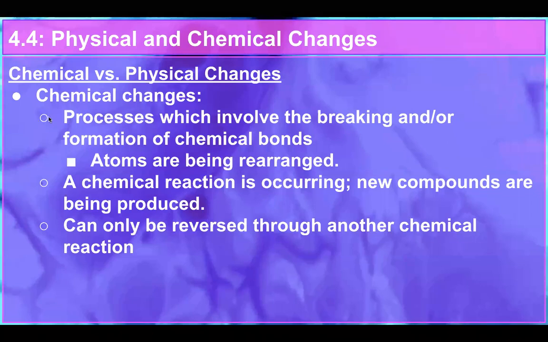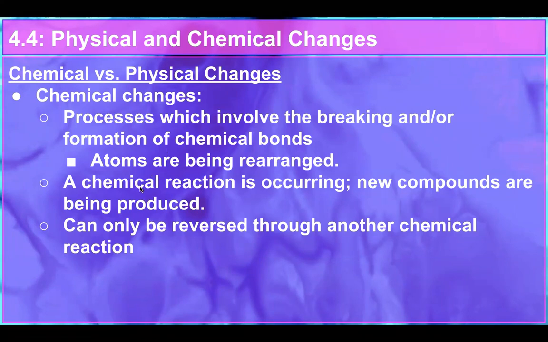All right, so as we've been talking about throughout this unit so far, chemical changes are just processes where chemical bonds are breaking or forming or both. So the atoms are being rearranged relative to one another. So they're either coming together, they're either breaking apart, or maybe they're breaking apart and then coming back together with something else.